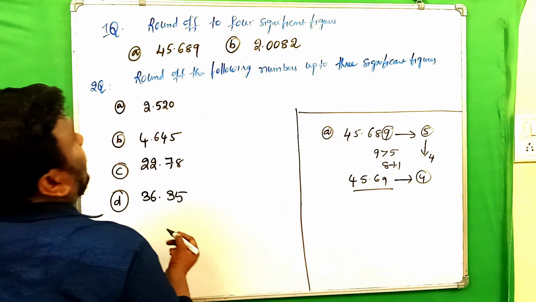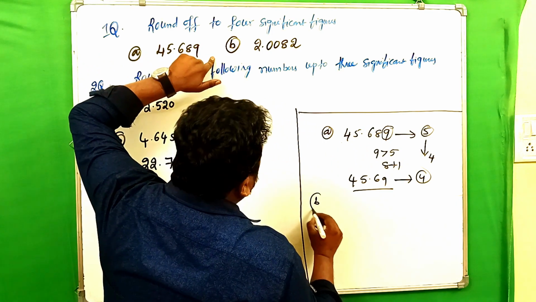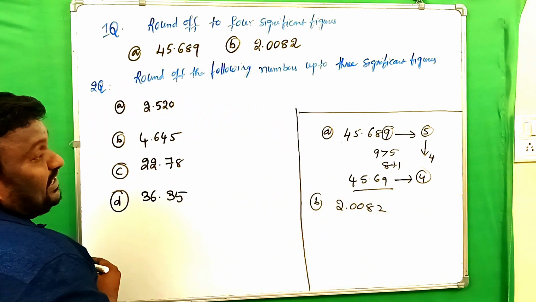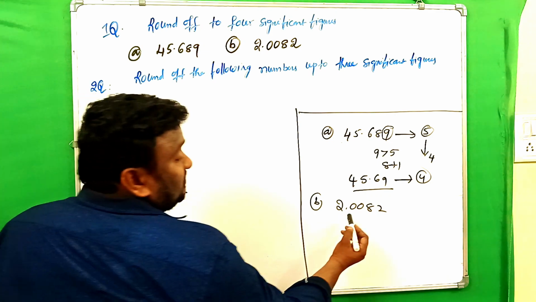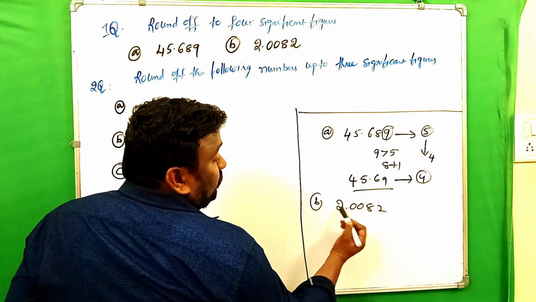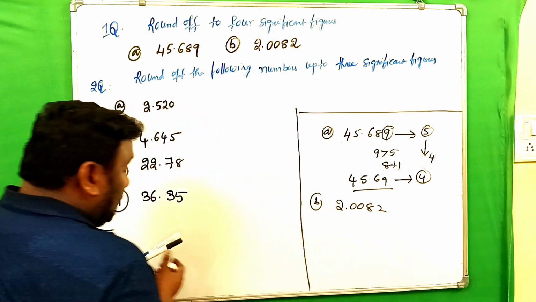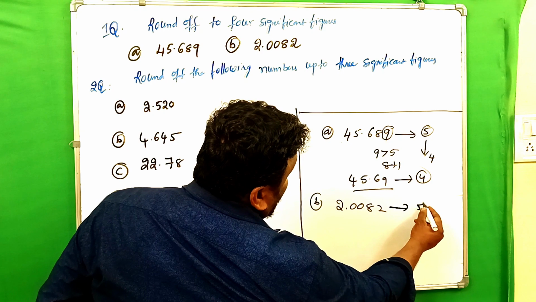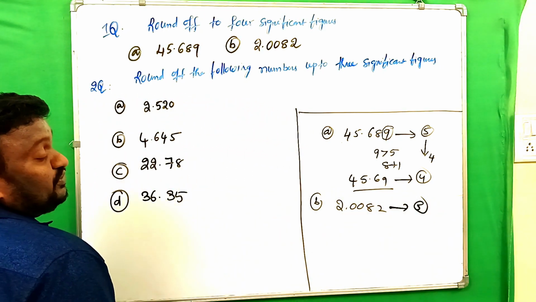So it is now 4 significant figures. And now the second one, B, 2.0082. Here these two zeros lie between two non-zero digits, so they are also significant figures. That's why the total is 5 significant figures.